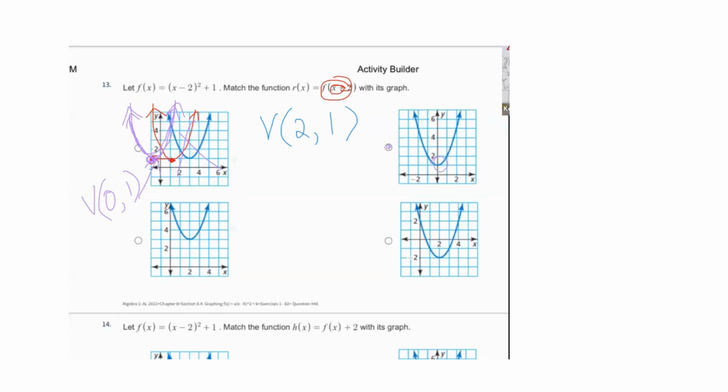If you were going to do it the other way, you would say, we've got x minus 2, and this is telling us to go plus 2. So x would just be by itself, so it would just be x squared plus 1. That gives us the vertex of 0, 1. So that's the other way to do it.